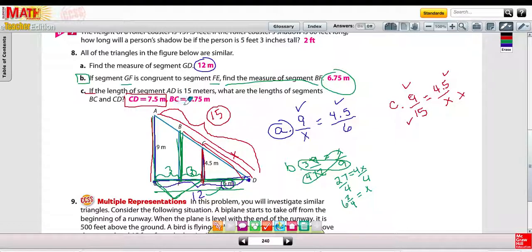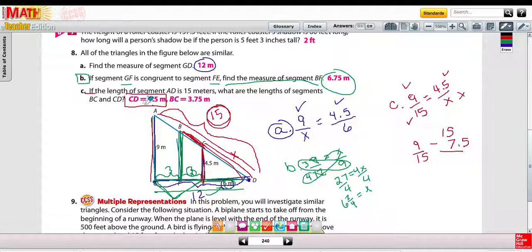Same thing for BC. We're going to take 9 over 15, and then, to find BC right here, we need to actually just take the 15 minus the 7.5 that we got in the previous answer.